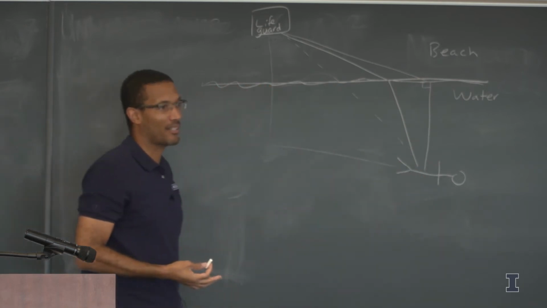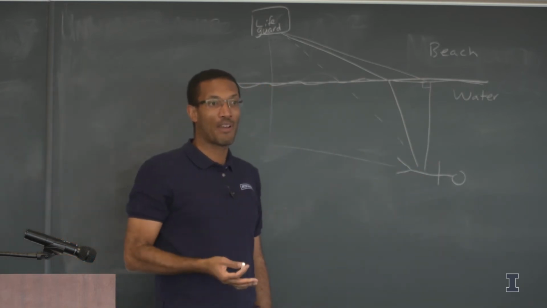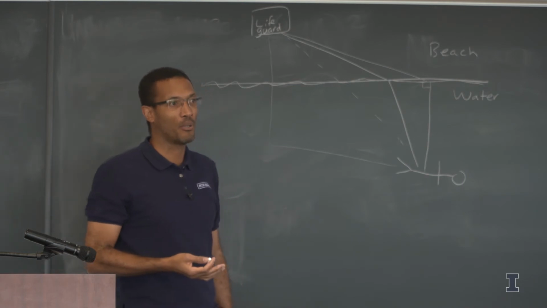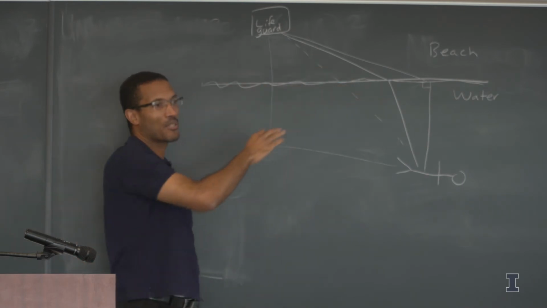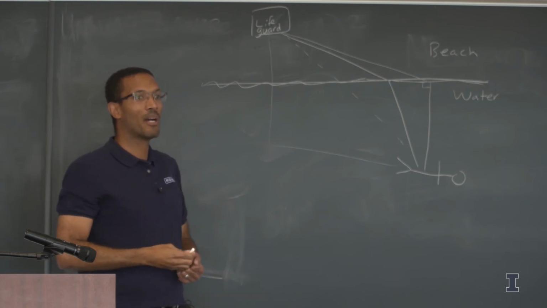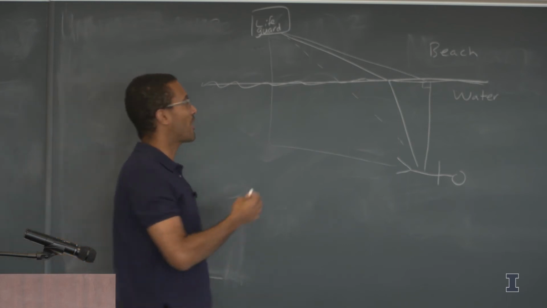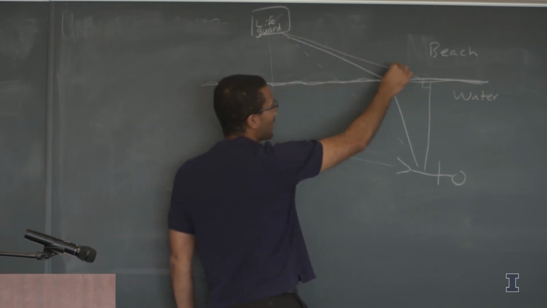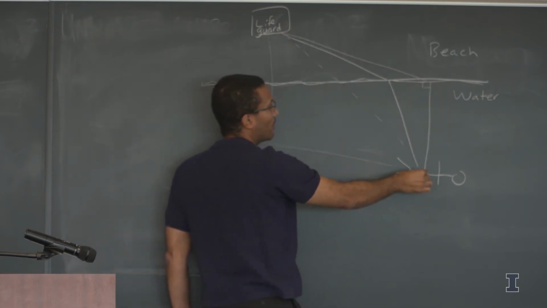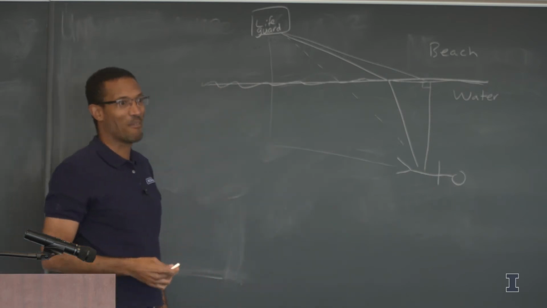And why is that? It's a trade-off between how fast you can go and how far you can go. If I were able to run millions of times faster than I can swim, then I want to minimize how much time I'm swimming. So I would go exactly this path and then go perpendicular. Let's say that I'm crazy and I'm a super fast swimmer.